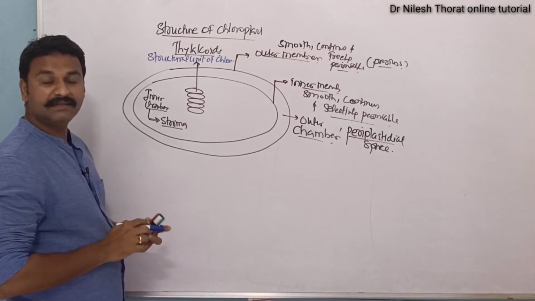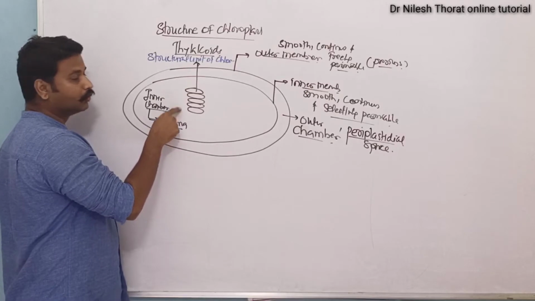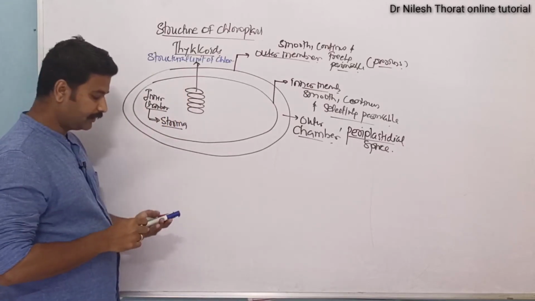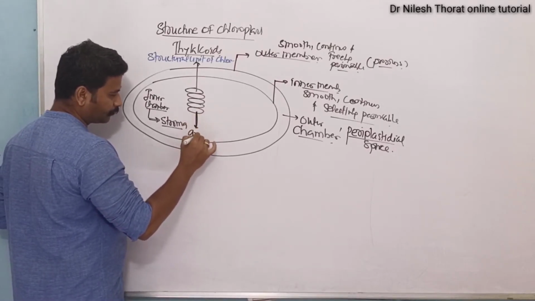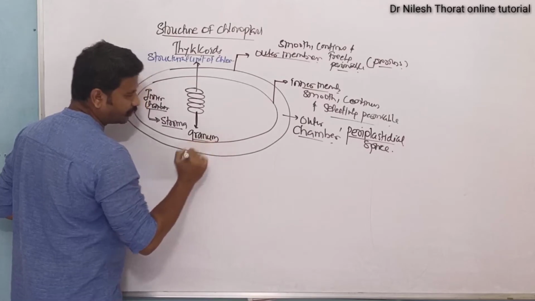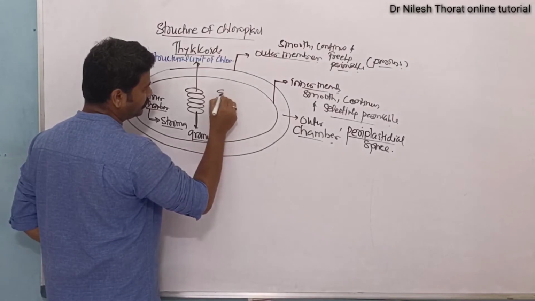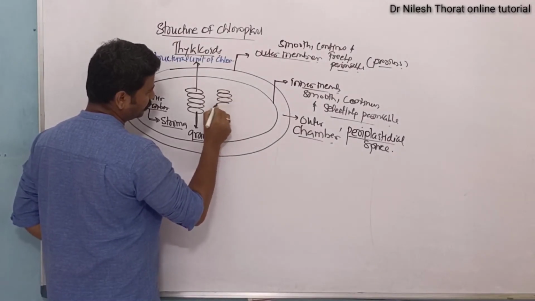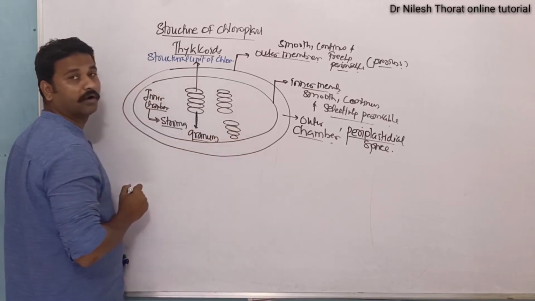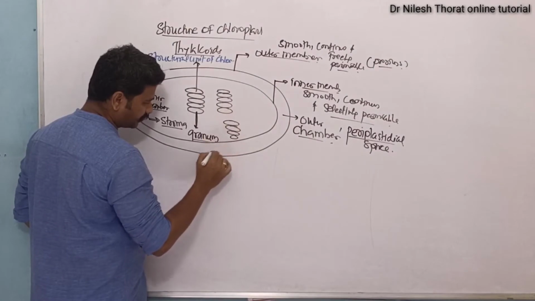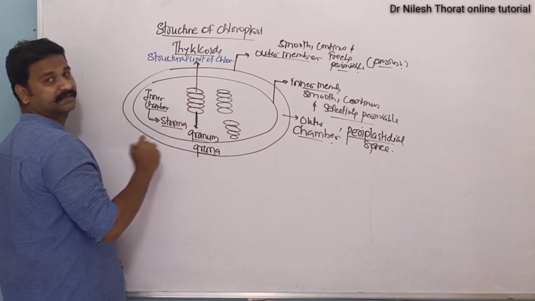Okay, and these thylakoids will stack together in a pile like fashion, one above the another, to form a pile of thylakoid, and this pile is called as granum. A single pile is called as granum, and there are so many piles present inside the chloroplast, and all together are called as grana. So these all structures are called as grana, while the single pile is called as granum.